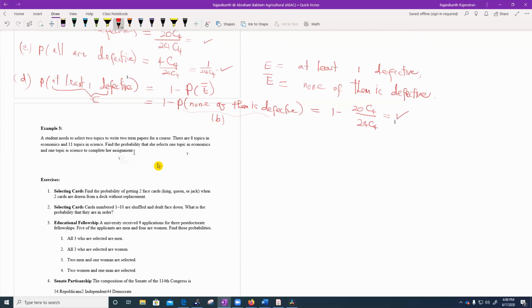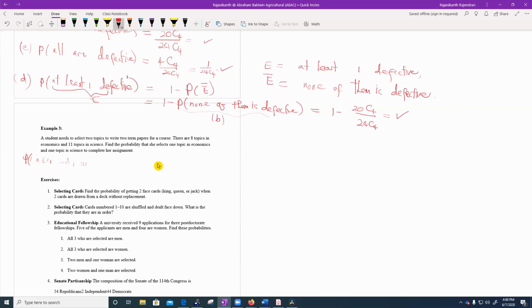Okay, so she needs to choose 2 topics, right? Therefore, the question is now finding the probability of what? You need to find the probability of selecting one topic from economics and one should come from science.